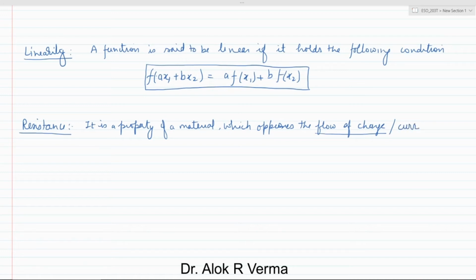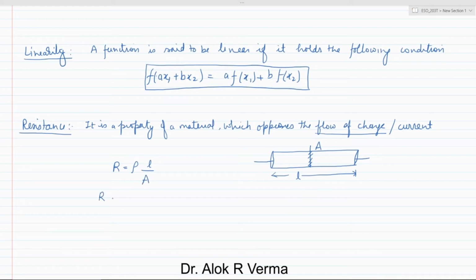So by virtue of this property, the material opposes the flow of charge within the bulk. Suppose a conductor or any element has a length L and cross-sectional area A. Then the resistance is mathematically defined as rho L by A.